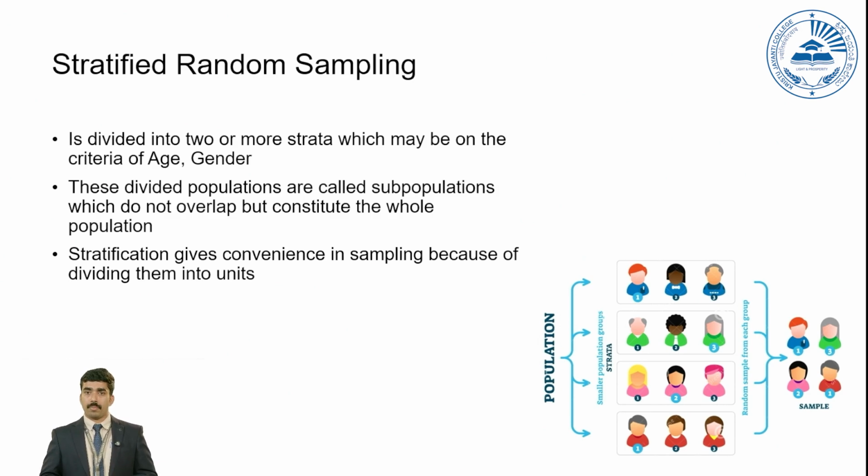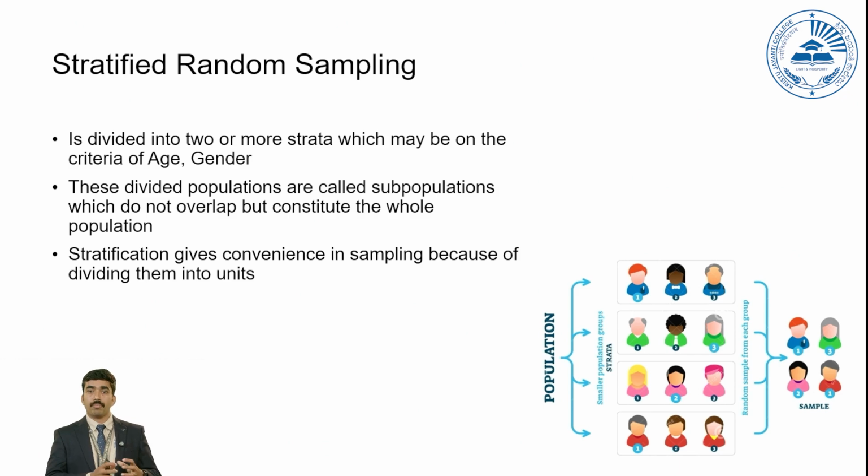When we use stratified random sampling, we will have some groups, and within each group, people are homogeneous. That means when you consider three strata, one is humanities, another is commerce, another is arts and science, the assumption is that in each of these strata or groups, people should be homogeneous in nature.